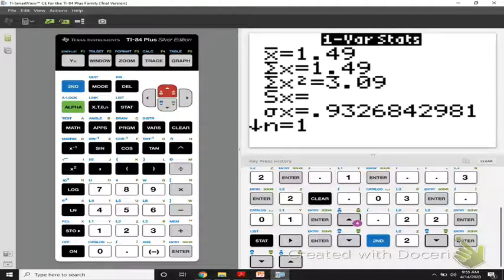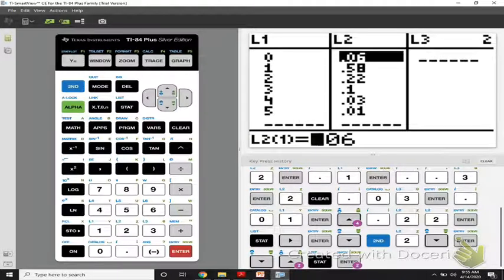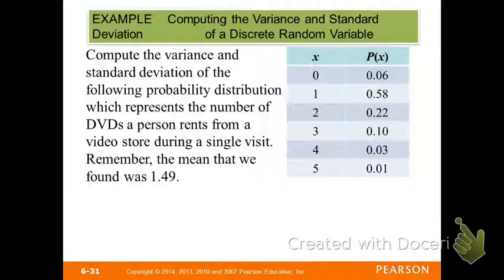So we can find our standard deviation that way. Let's double check that again, because something's not sounding right to me. 0.06, 0.58, 0.22, 0.10, 0.03, 0.01. For our values, yeah, it's all good. So our standard deviation there is 0.932.